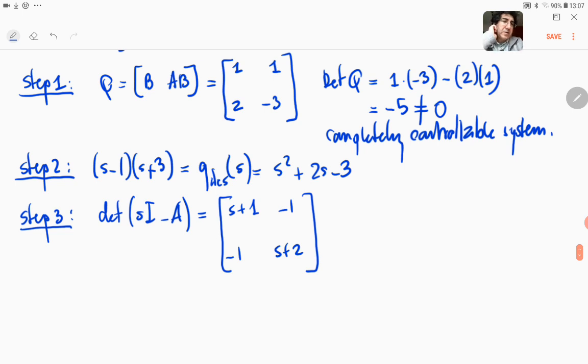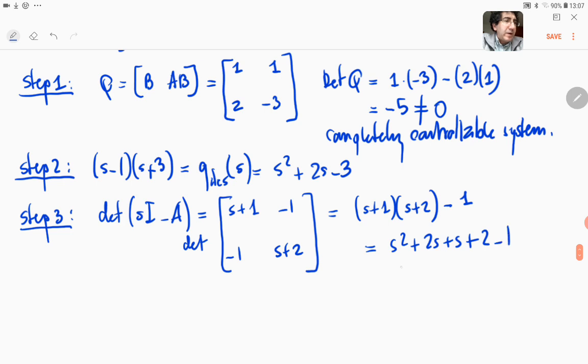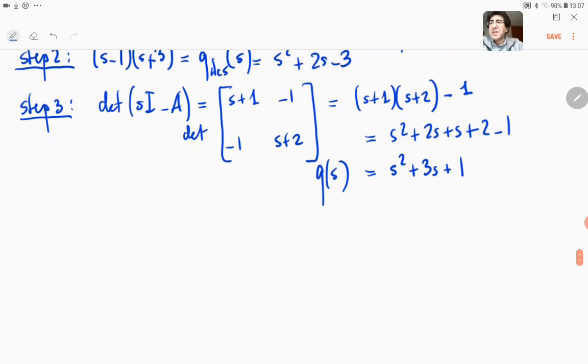That is going to be equal to s plus 1 times s plus 2 minus 1. Okay, so that is equal to s squared plus 2s plus s plus 2 minus 1, which is s squared plus 3s plus 1. This is our q of s, the characteristic equation of the given system.